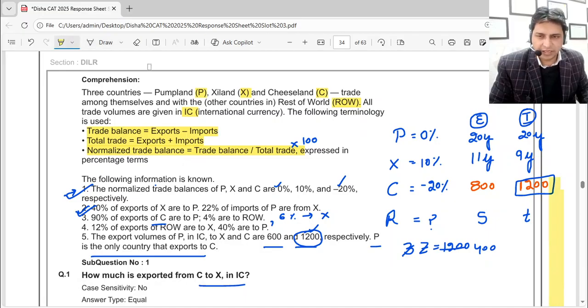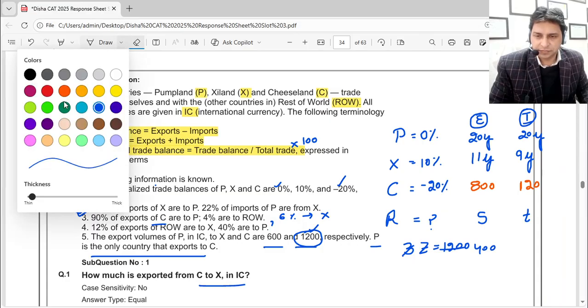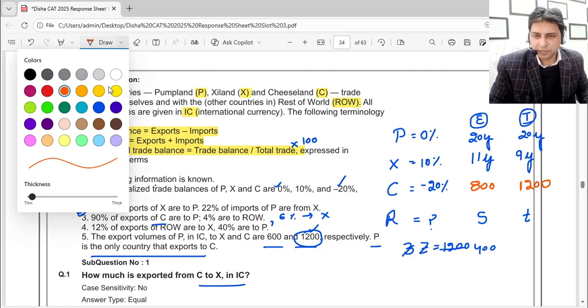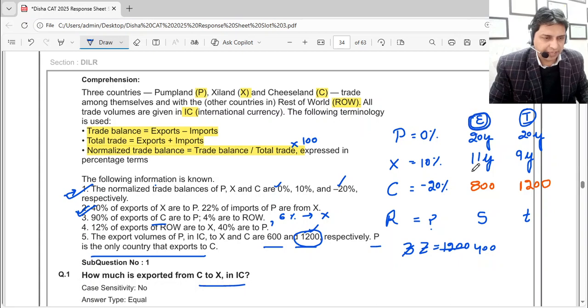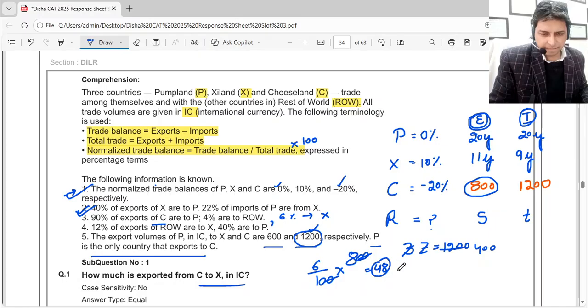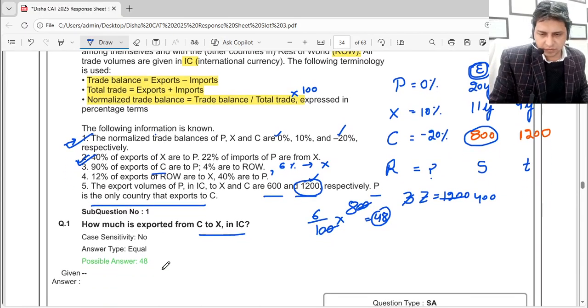We're talking about 800 because we're talking about exports, not imports. 4% to ROW, the rest 6% will go to X. So 6%, that is 6 upon 100 of 800, that is 6 into 8, 48. So that should be the answer to my first question here.